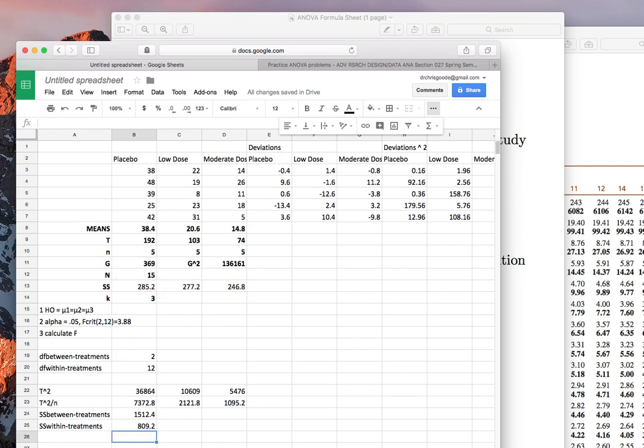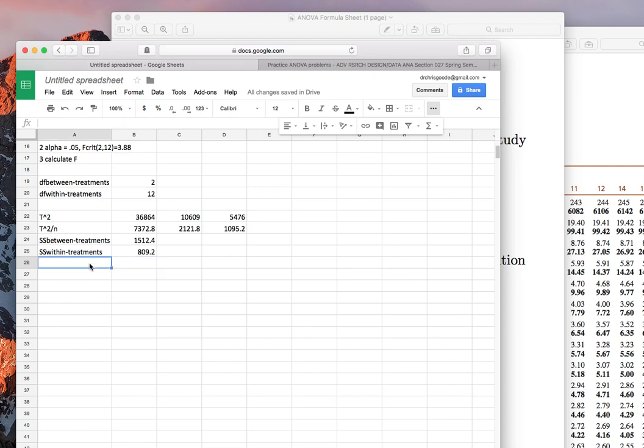Okay, there we go. Now all we need to do is get the mean squared between treatments and the mean squared within treatments. Mean squared is variance, so it's sum of squares divided by degrees of freedom.